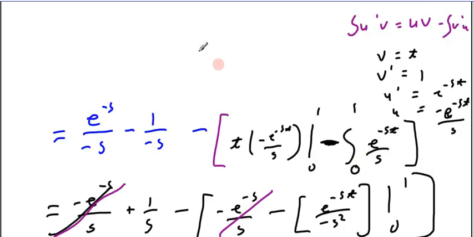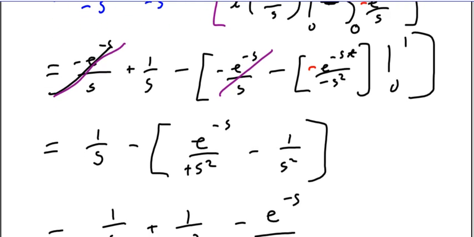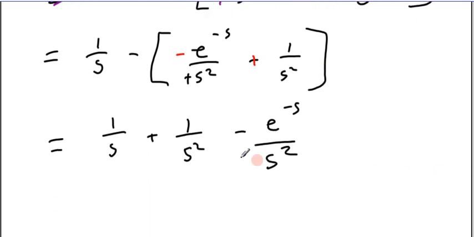Okay, so up here we have a mistake. I have 0 to 1, but this is a minus. That minus sign there wasn't put there. So that minus sign has to be put there. When I do that, that makes this one minus, that one plus, making this one minus, that one plus.